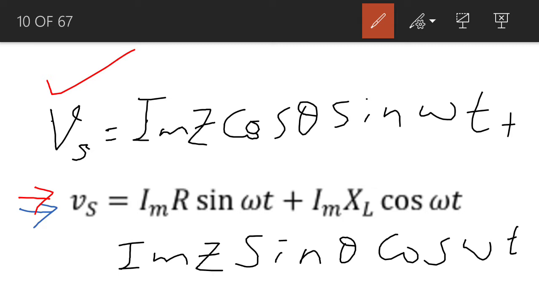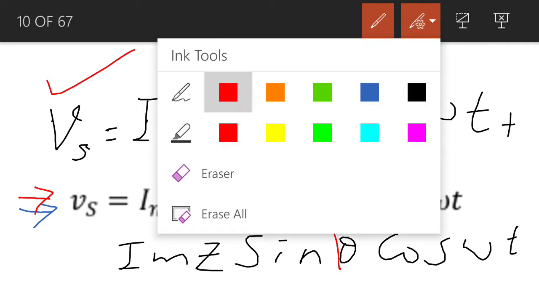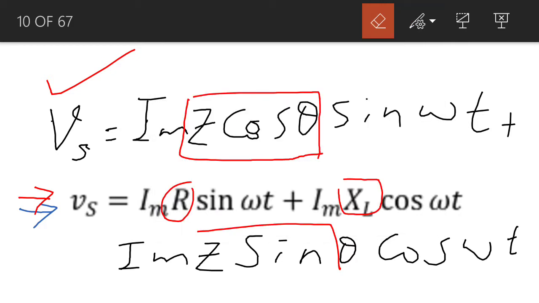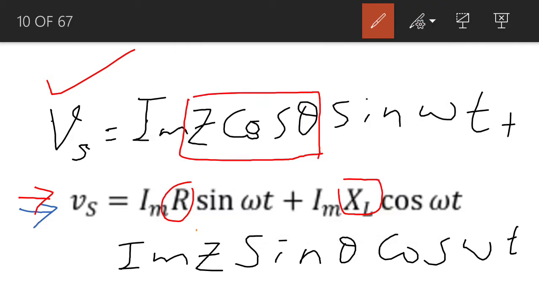You see, if we compare this equation, then R will be equal to Z cos theta. Similarly, XL will be equal to Z sine theta.